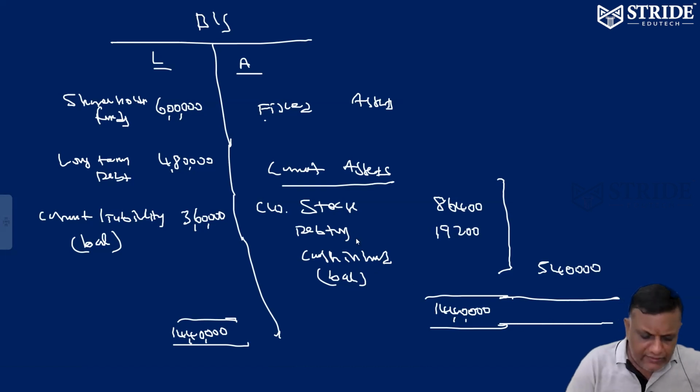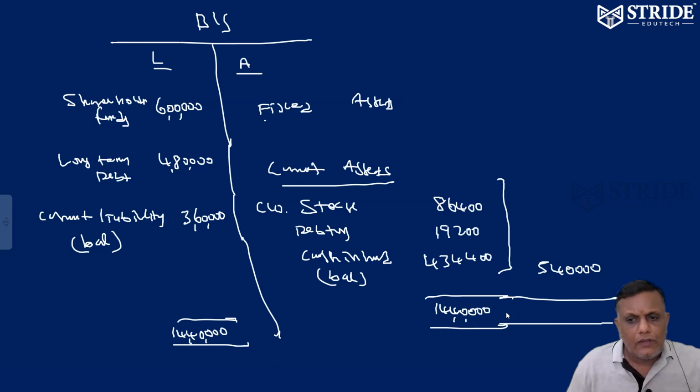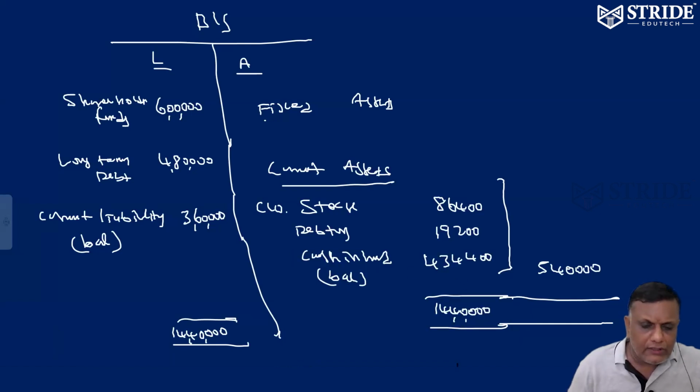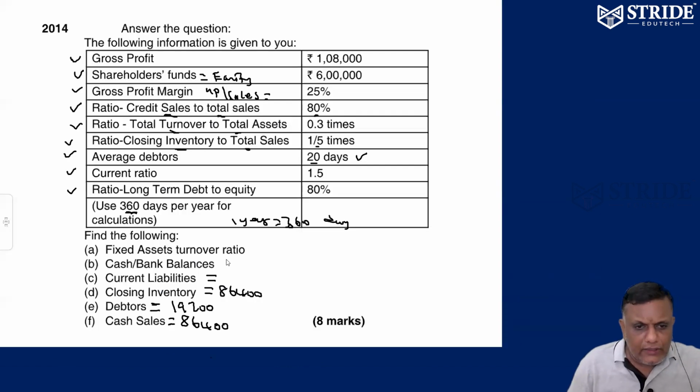5,40,000 minus stock 86,400, minus debtors 19,200. My balance is going to be cash in hand. Please check it out. 4,34,400 cash in hand. So cash in hand is equal to 4,34,400.